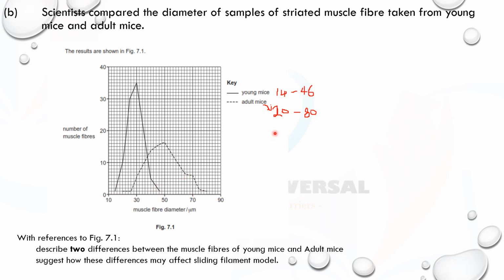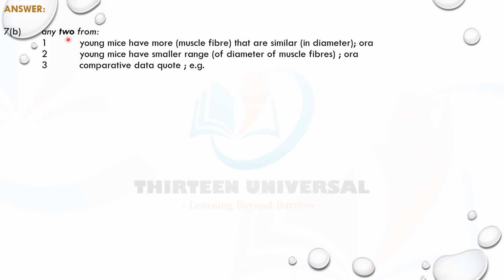So let's see what the mark scheme says. This is the first one, the difference: young mice have more muscle fibers that are similar in diameter. Young mice have a smaller range. Then you have to quote your data. Then they say suggest the effect.